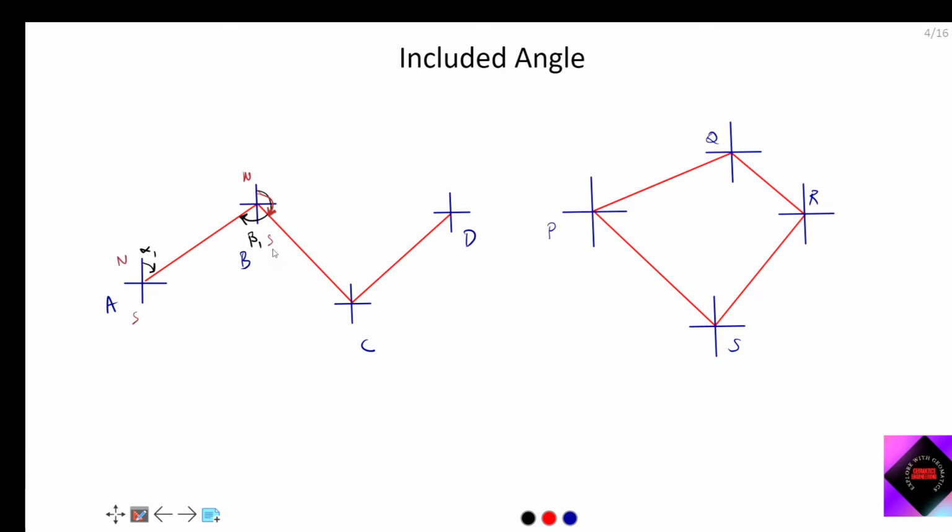From north you have to move clockwise to the line, then you will get the bearing. So the forebearing of this line we call alpha 2, and the back bearing of the same line beta 2. So we have calculated this angle. Now let's zoom in here.